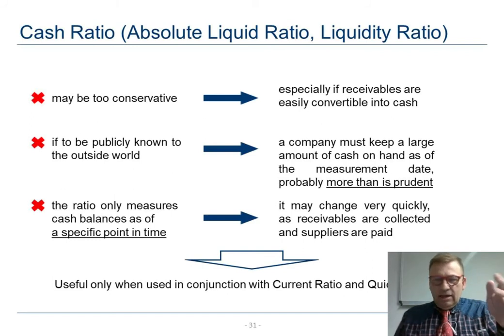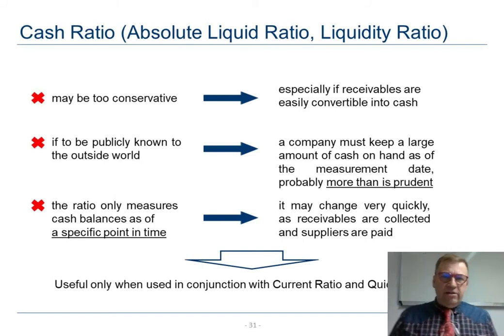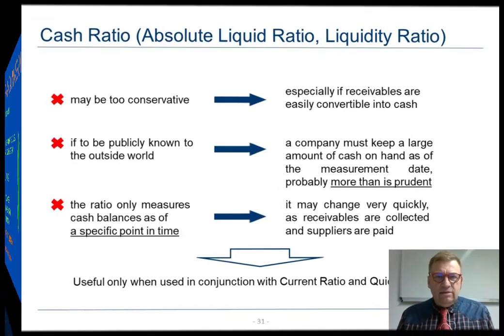So, as a prudent and very recommendable idea, I would say always use three in analyzing a company. Always use three in conjunction: current ratio, quick ratio, and cash ratio. Remember which levels are considered to be good, and just please analyze them in your head.